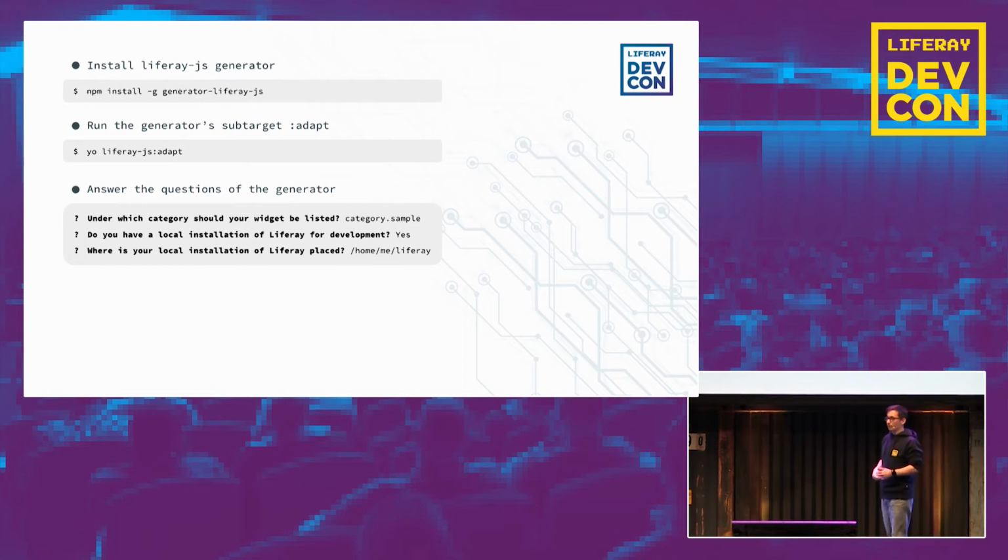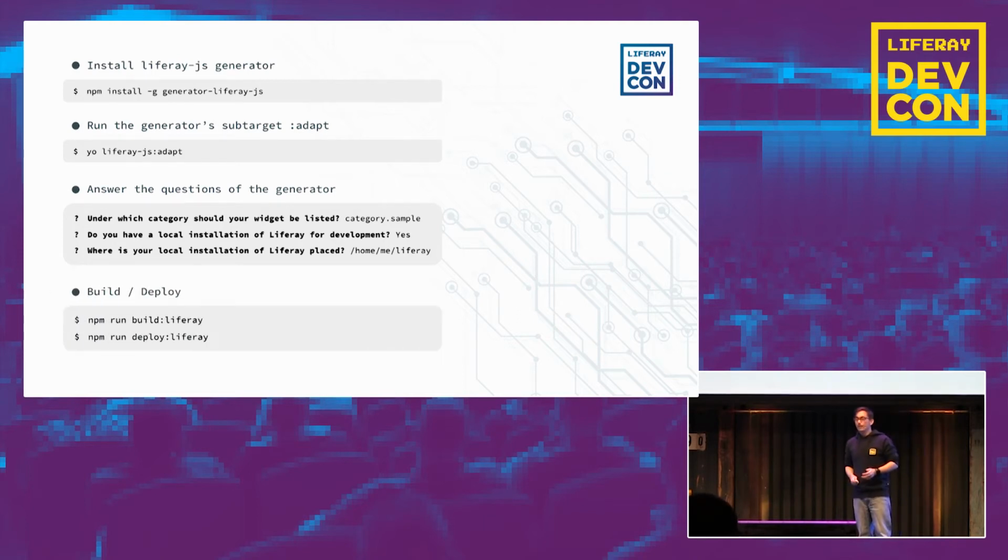What is the path? So we answer, and the generator starts working. It will create new files, adapt other ones, install some dependencies, and in the end, we will have our project totally adapted, and we will have 2 new tasks available.